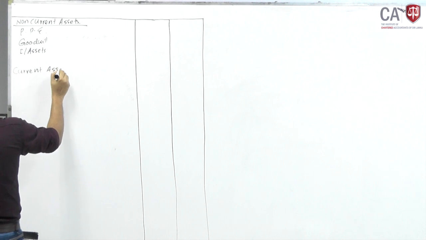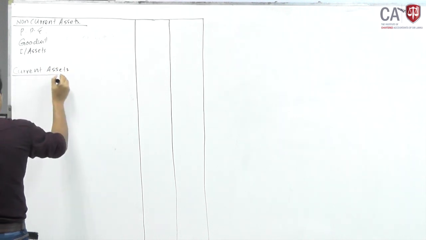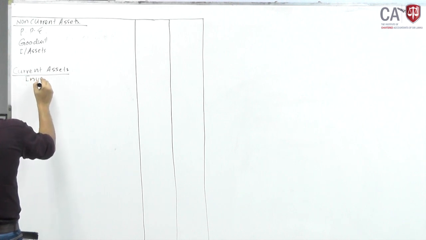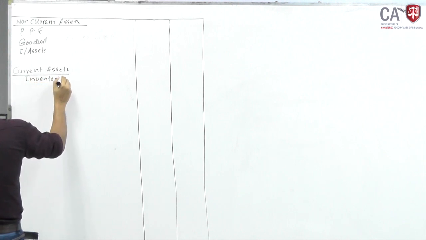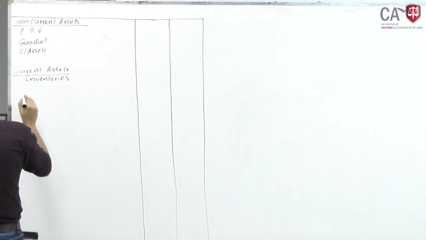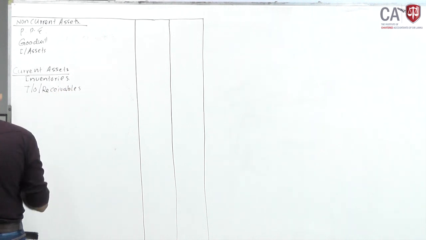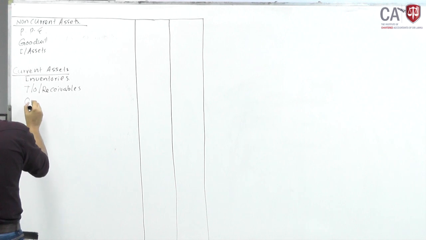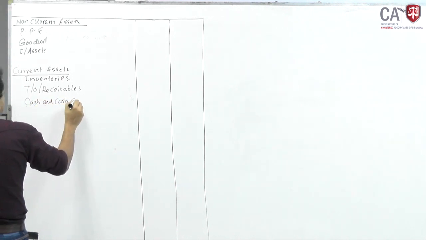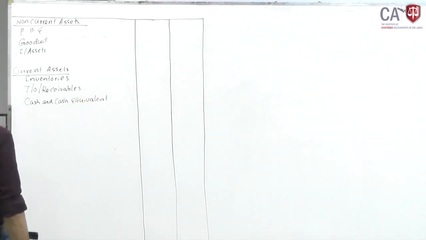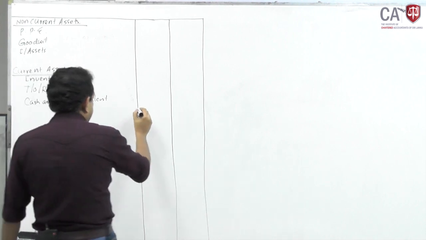Current assets: inventories, trade and other receivables, cash and cash equivalent. Total assets.